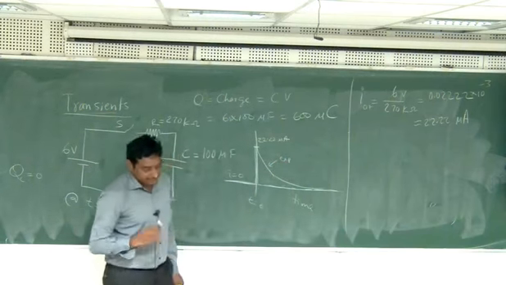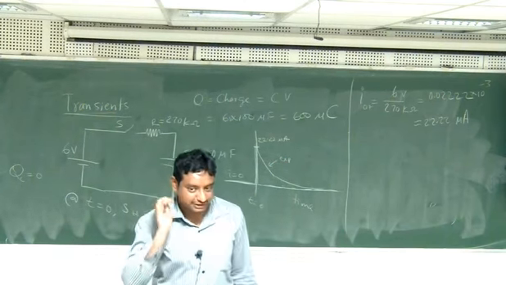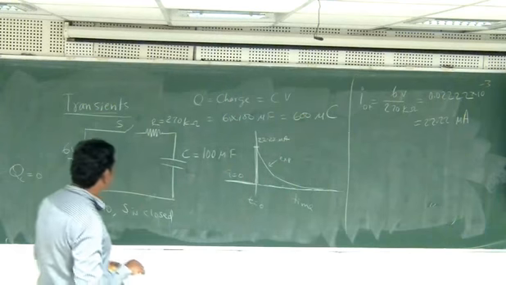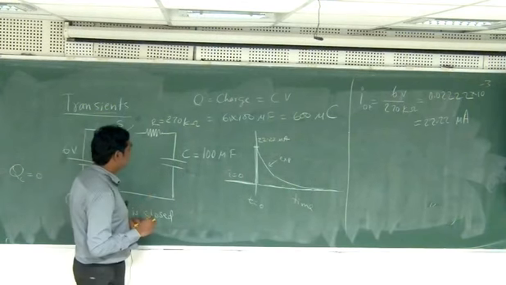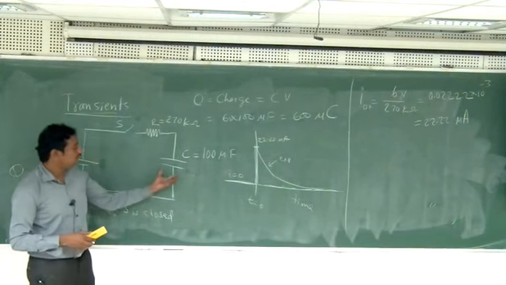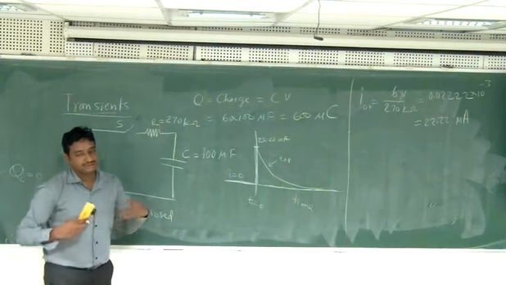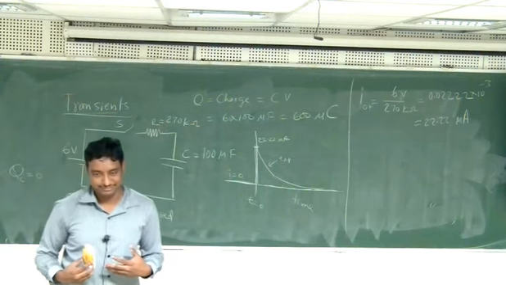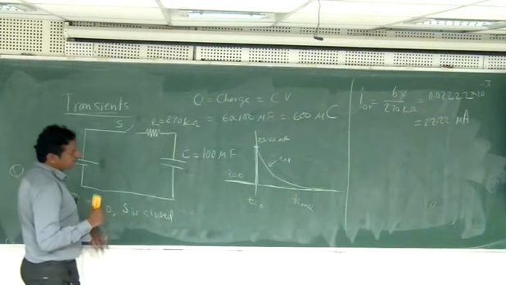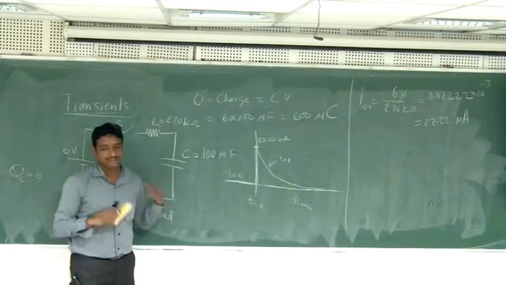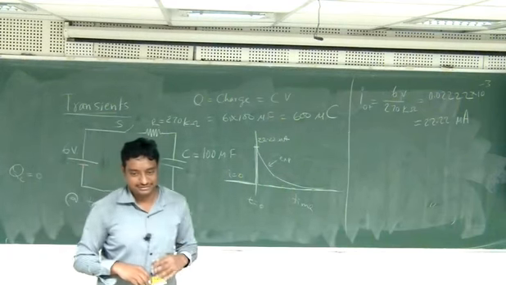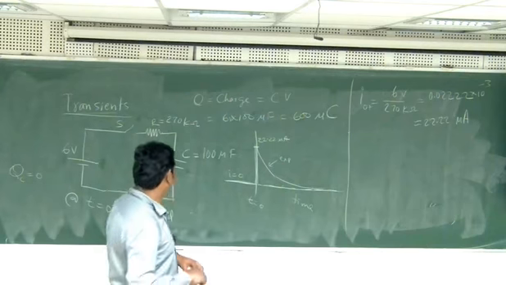So what is the behavior of an exponential curve? The less charge there is in the capacitor, the more it is interested to gain charges. Or in other words, the more it is charged, the less it wants to charge.